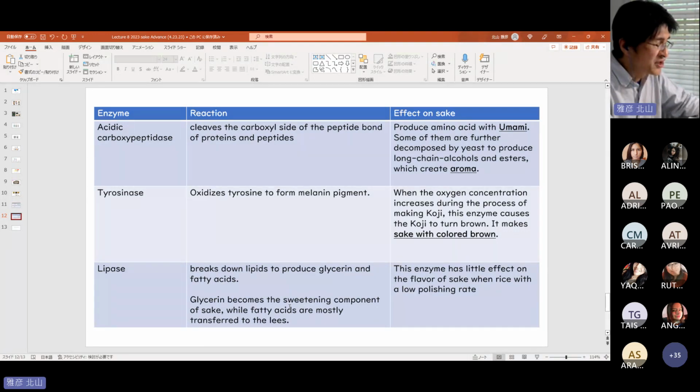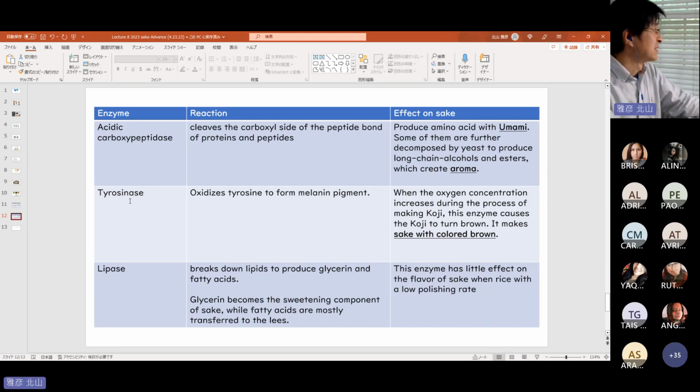So if we polish very much, we can discard fat or lipid from the rice grain. So if we use small rice grain to make sake, this enzyme activity will not affect very much because the rice does not have much fat or lipid.